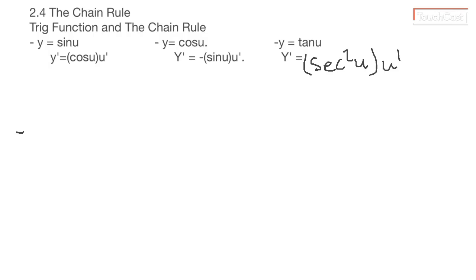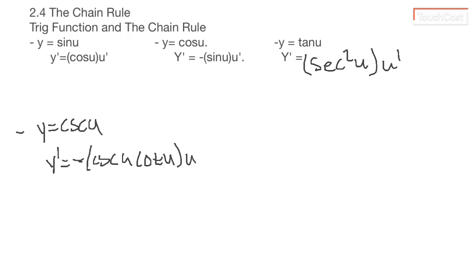If we have y equals cosecant u, then y prime is going to be negative cosecant u cotangent u times u prime.